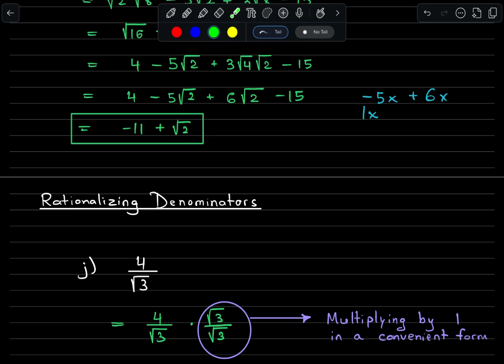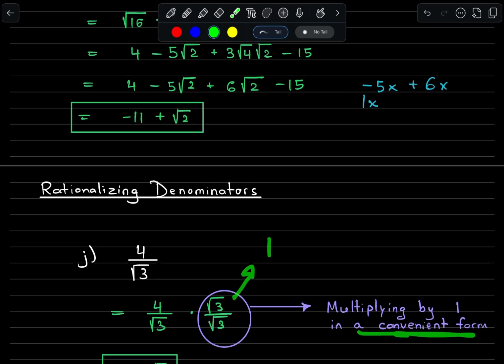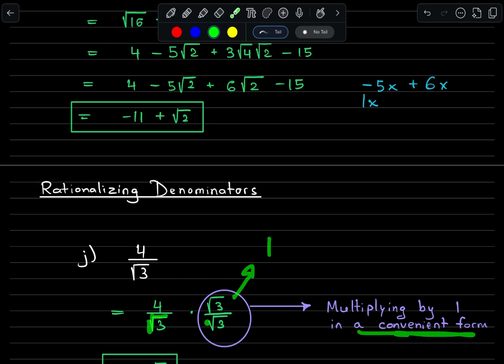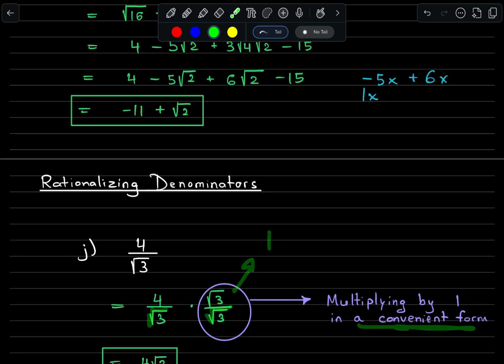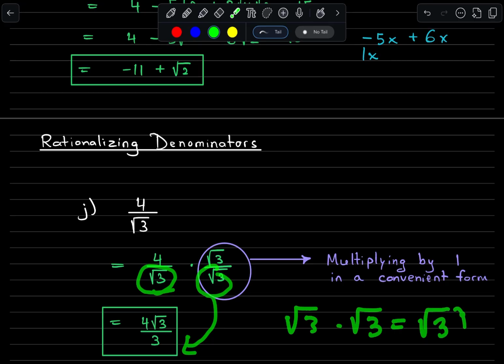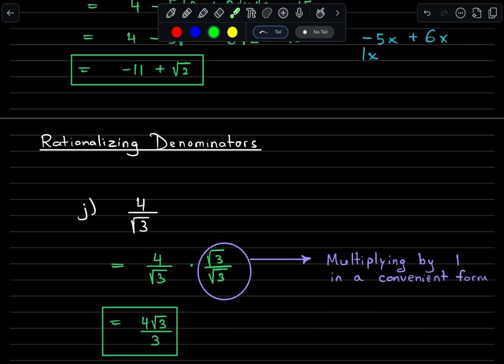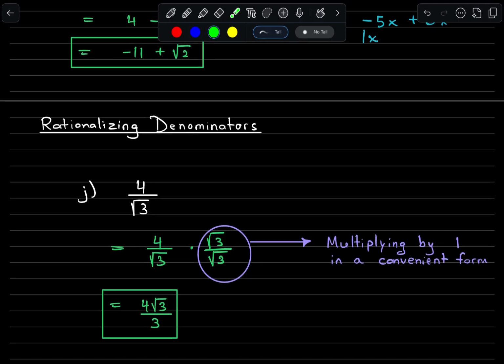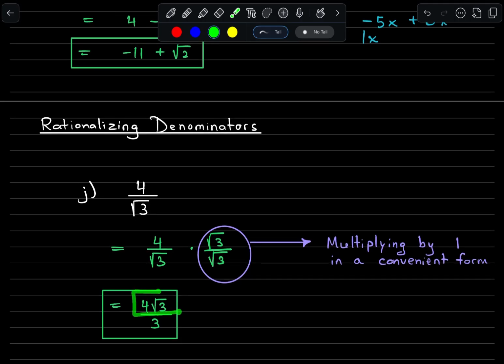So in this case, if we multiply the top and bottom by the square root of 3, which really is just 1 in a different format, these square roots on the bottom will combine and become just a full 3, right? The square root of 3 times the square root of 3 is the square root of 3 squared. These are opposite operations, and you just get back 3, right? So this is going to become 4 radical 3 in the top divided by 3.